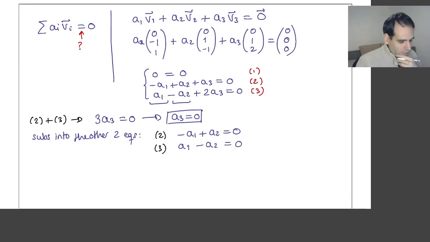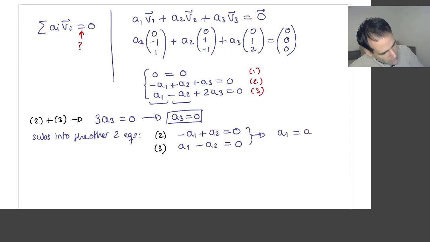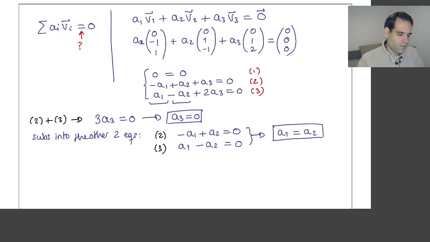Of course, if you look at this, these two equations are actually the same equation. They give you the same information because it's just multiplying by minus 1 on both sides. So the solution in general to this equation is that A1 is equal to A2.